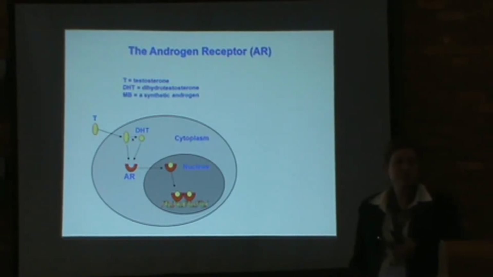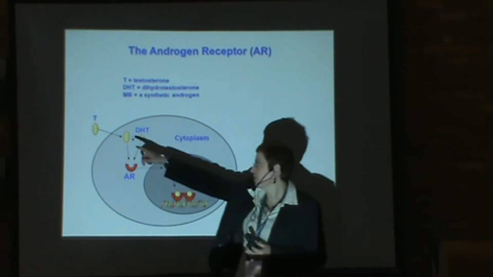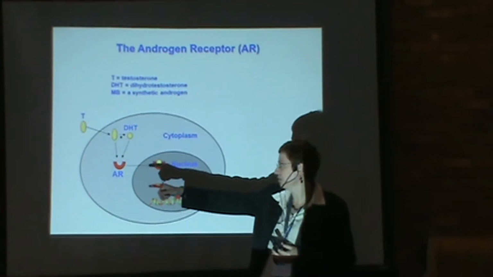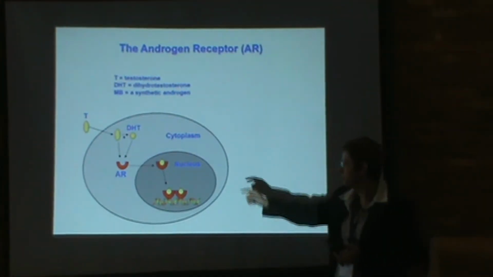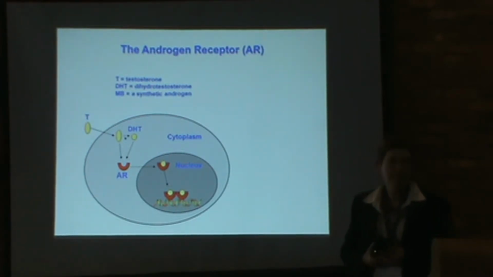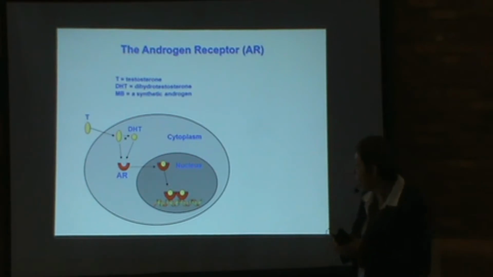So the androgen receptor, the faulty androgen receptor, is what causes Kennedy's disease. Usually it's in the cytoplasm of the cell. But when it binds to testosterone, a male sex hormone, or dihydrotestosterone, the androgen receptor goes into the nucleus and then binds to DNA. It's a lot more complicated than that, but we'll start with the basic model.